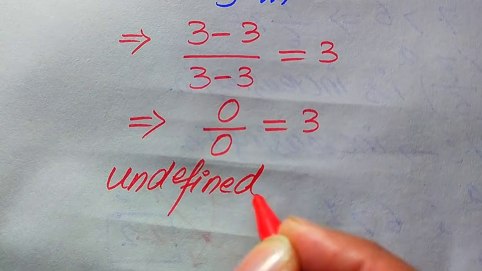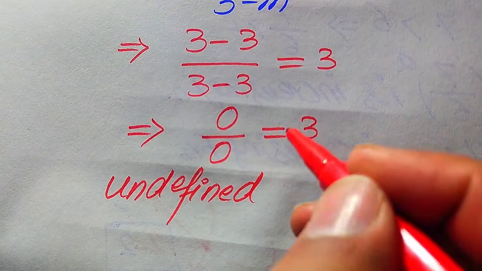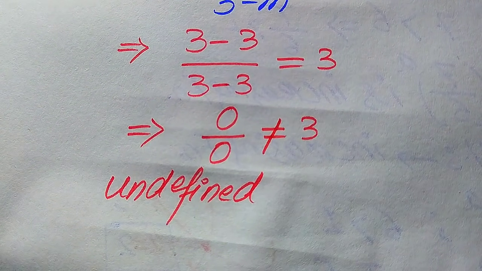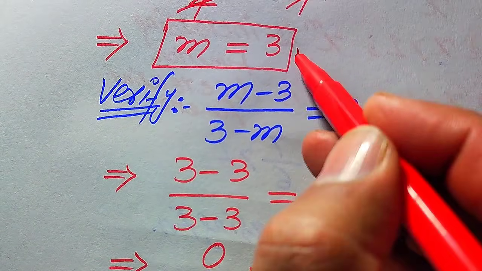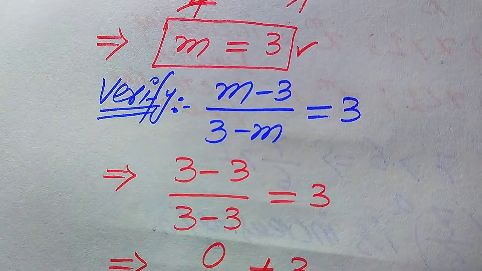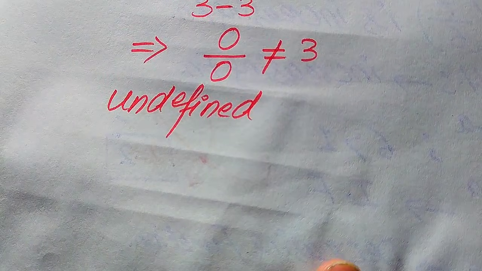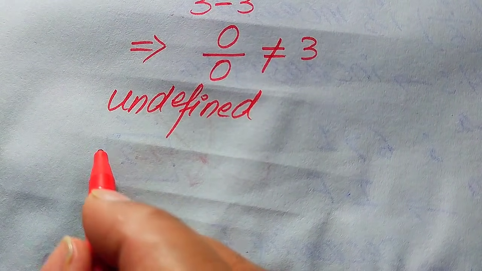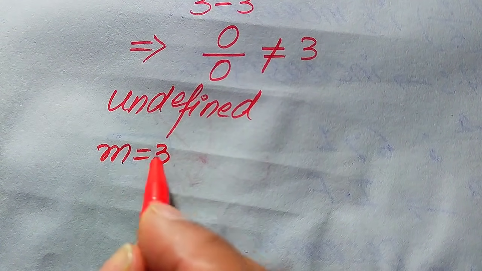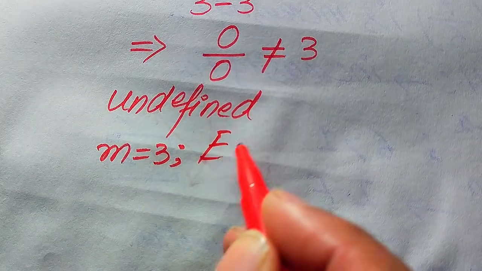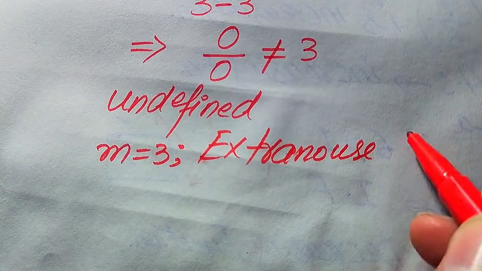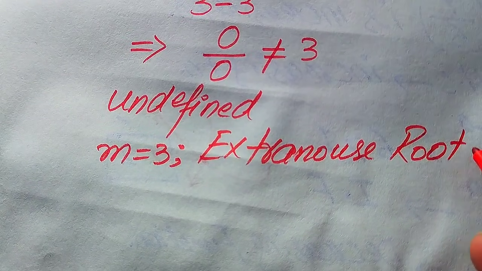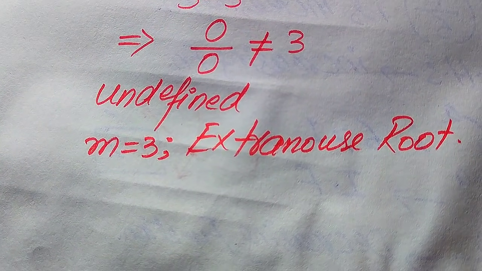If our left hand side is undefined, this means that both sides are not equal, and if both sides are not equal, this concludes that the value m equals 3 does not satisfy our given question statement. So we call m equals 3 an extraneous root of the given equation. Now I can explain the difference between a solution and an extraneous root.